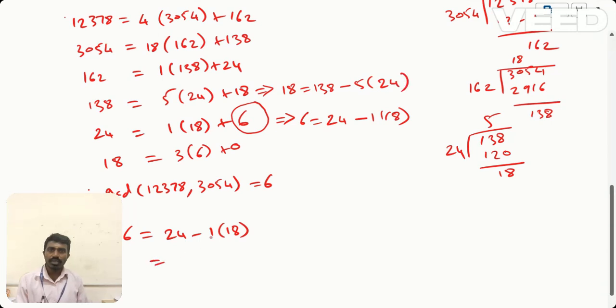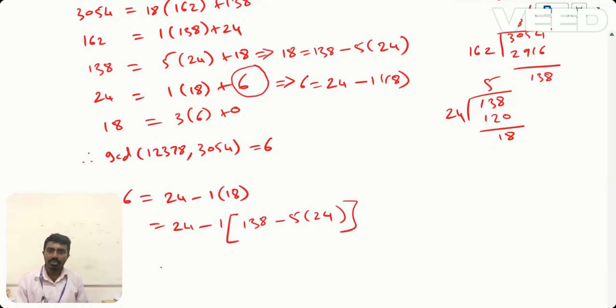So here replace 18 by this. Then what you get is 24 minus 1 time (138 minus 5 times 24). Now simplify this as follows: 24 minus 1 time 138 plus 1 time 5 times 24.